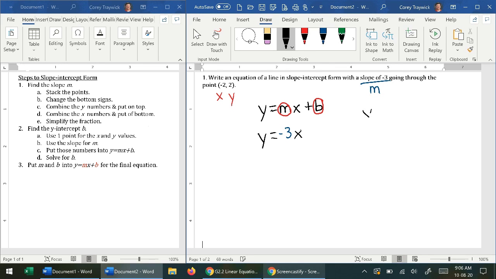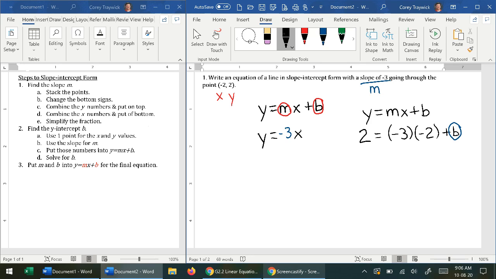So we're going to come over here to the side and write the same equation, y equals mx plus b, and plug in those three numbers for y, m, and x. So we're going to substitute the number 2 for y, the number -3 for m, and the number -2 for x.